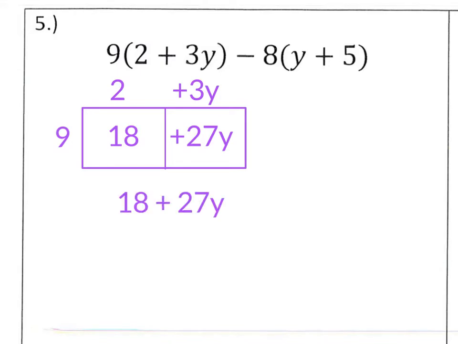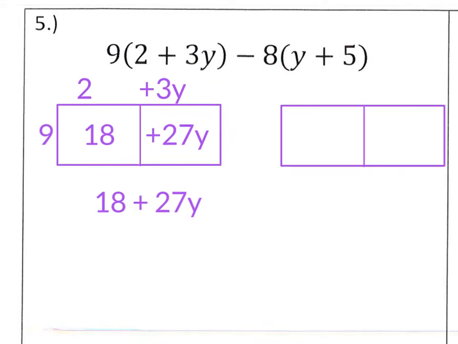But I'm not done yet, because when I look next to this, I see a -8 being multiplied by the y plus 5. So that tells me I need to set up another area model to do this multiplication. And over here I'm going to multiply, so I have the -8, that's going to go on the side. And then I'm multiplying by the y plus 5, so that's going to go on the top. And since it's just that y by itself, I snuck in the 1 to remind me that that means there is one y there.